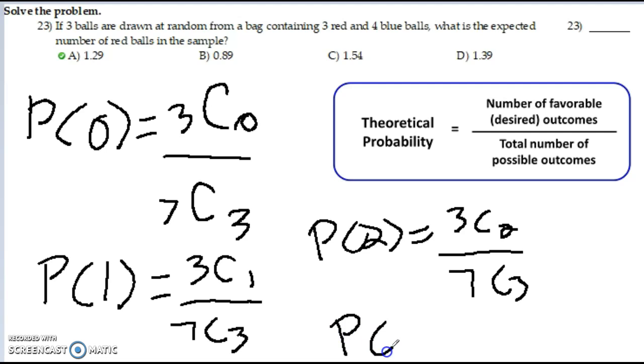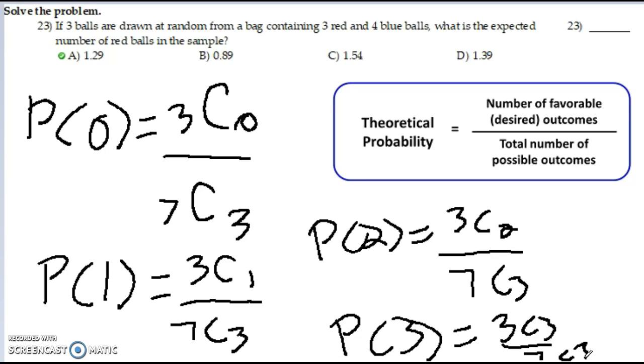Probability of 3 balls is 3C3 over 7C3. So you punch all those in your calculator and you get a number for each one.